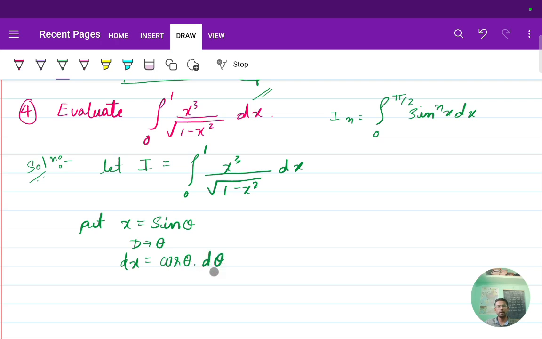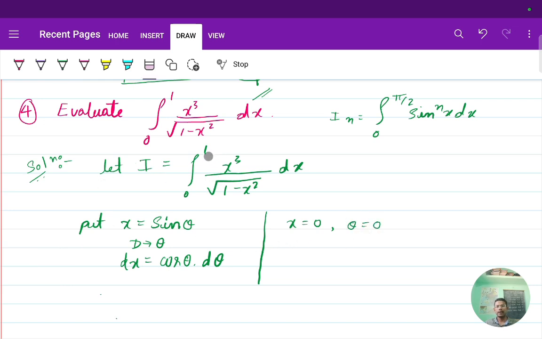Now for the limits: when x is equal to 0, sine theta is 0, so theta is equal to 0.